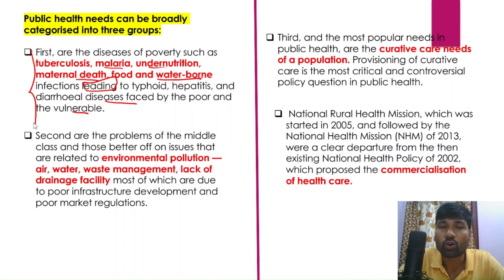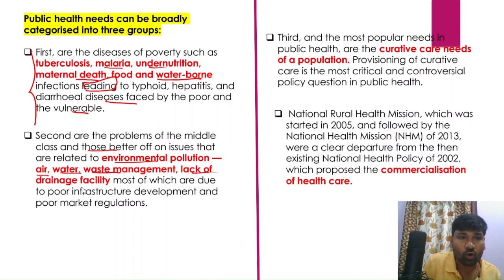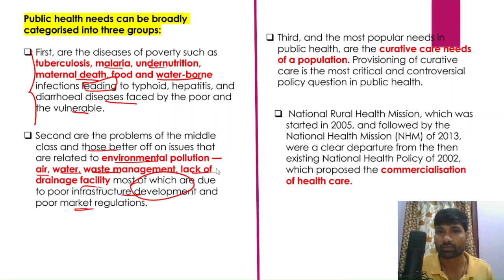The second category is the problems of the middle class and those better off, related to environmental pollution, air, water, waste management and lack of drainage facilities. Most of these diseases are due to poor infrastructure development and poor market regulations as well.